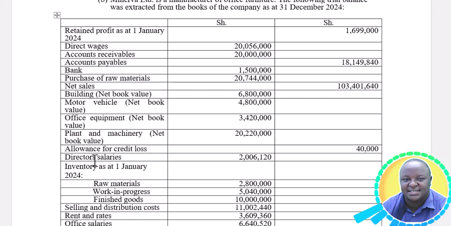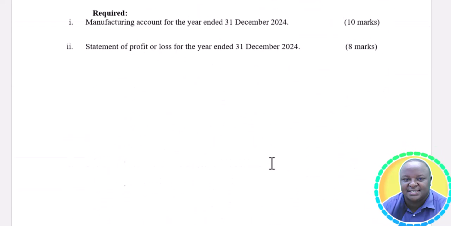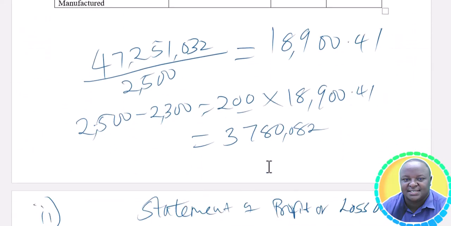We have selling and distribution cost at 2,440. I think those are all the expenses that we are going to have at that point.